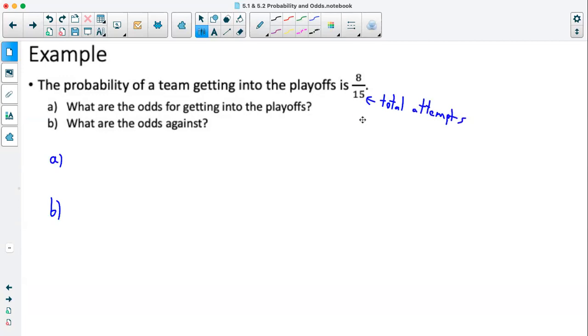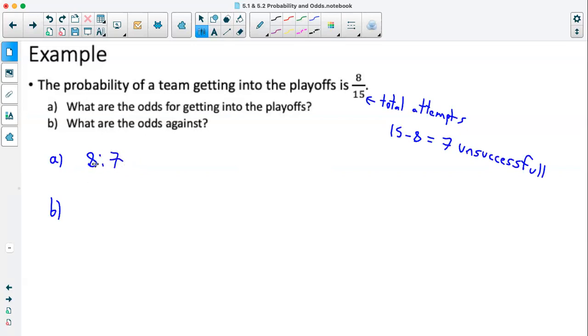To get the attempts not making the playoffs, we'll just take this and subtract our 8. So we have 7 unsuccessful attempts. So our odds for, we've got 8 successful to 7 unsuccessful.